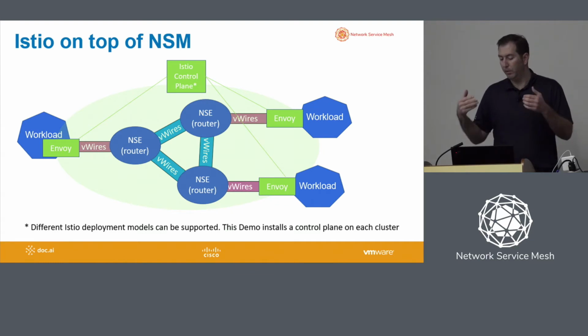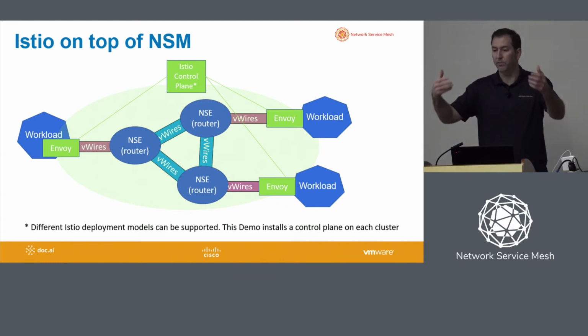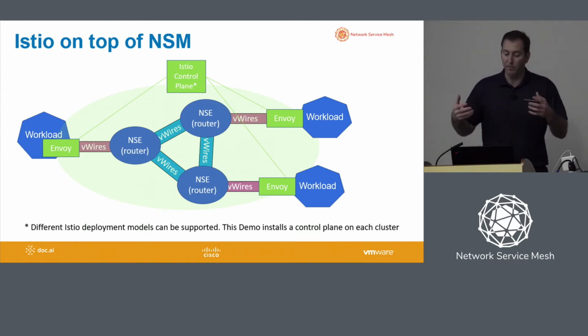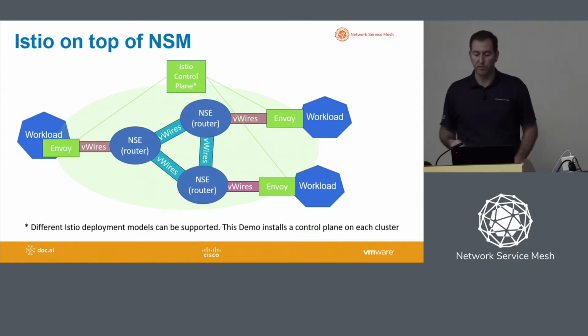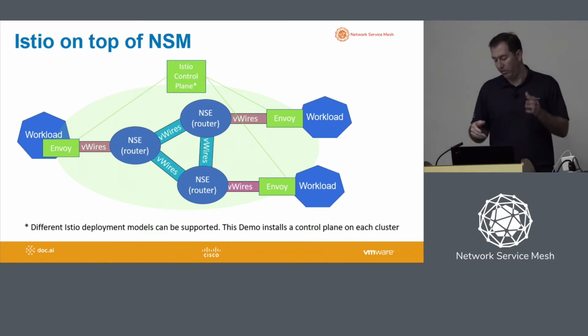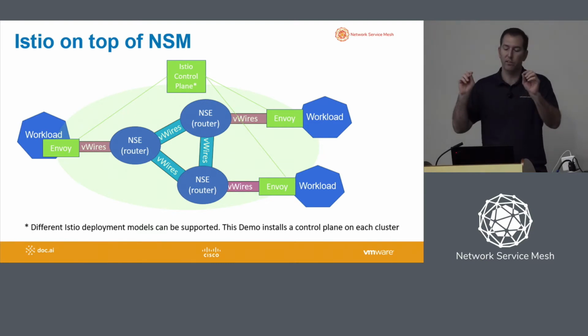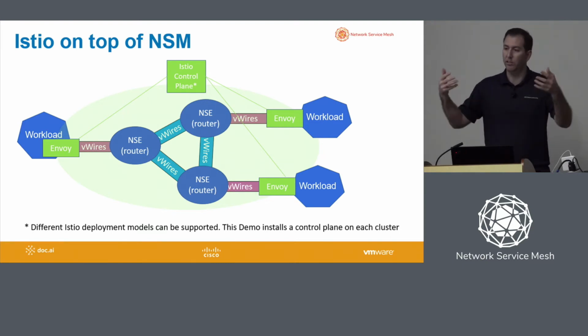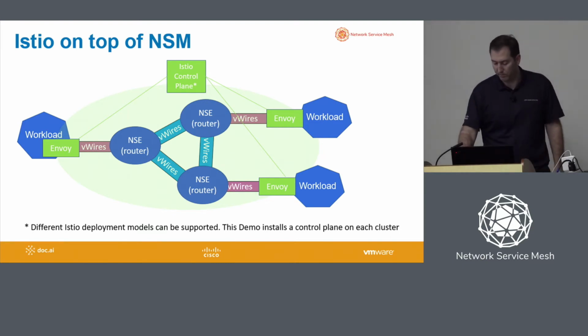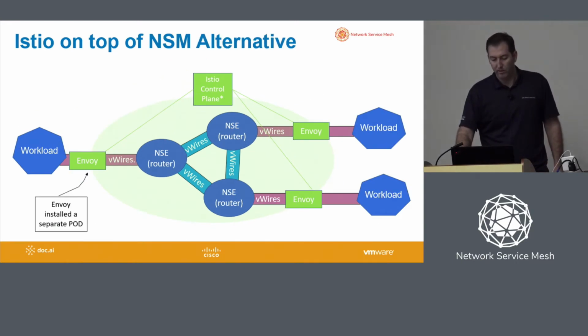They would actually be part of an Istio service mesh, the same Istio service mesh across clusters. And in doing that, we have logically the same Istio control plane. I mean, we actually have multiple installations of the control plane, but it's logically the same control plane because we're configuring it identically.